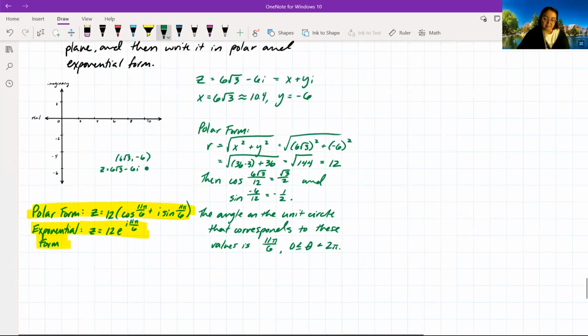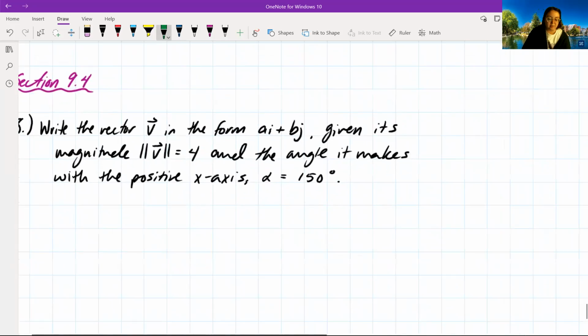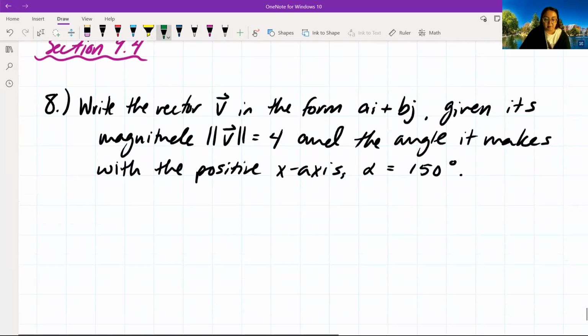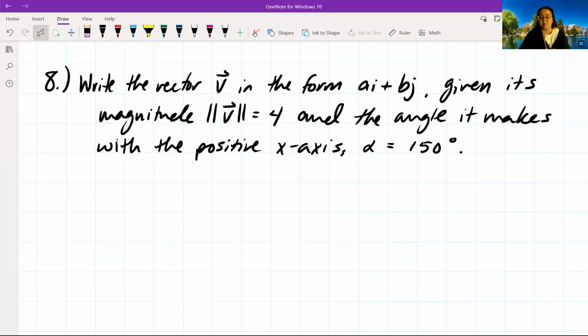So, all right. Then our last question here from section 9.4, problem 8, we want to write the vector v in the form of ai plus bj given its magnitude. The magnitude of v is equal to 4, and the angle it makes with the positive x-axis, which we are calling alpha, is equal to 150 degrees.